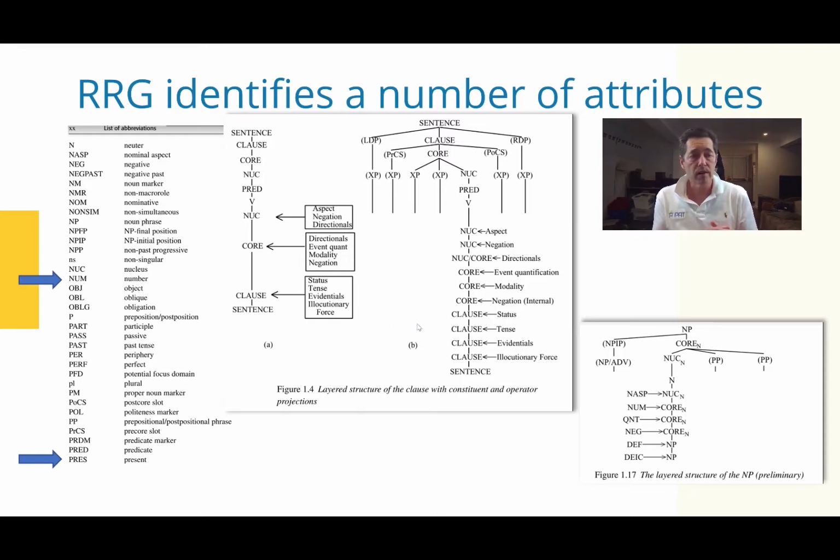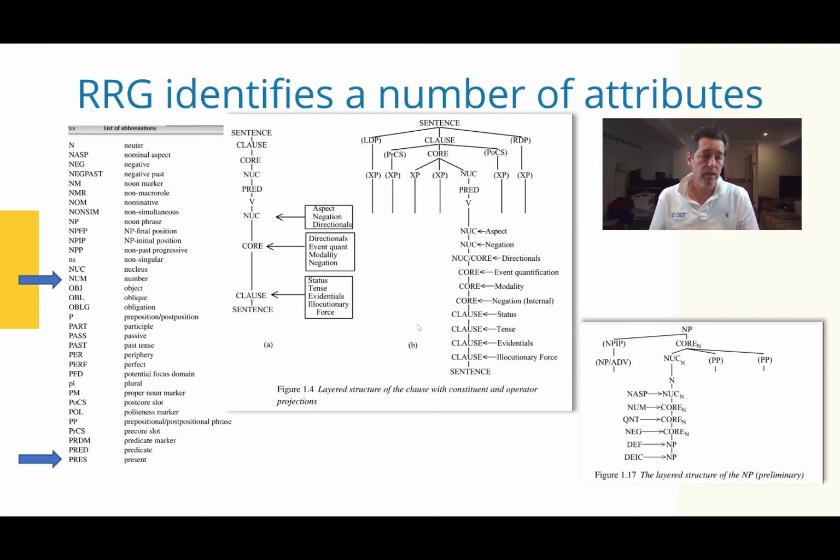So the role and reference grammar has a very large number of attributes, which when you go through the whole list of abbreviations, you can find attributes that only apply to specific languages. But if you look at thousands and thousands of languages, you can find the commonalities through RRG.